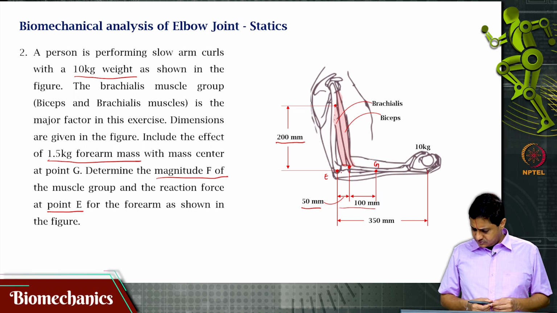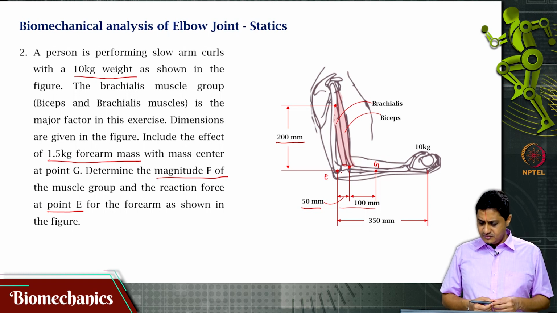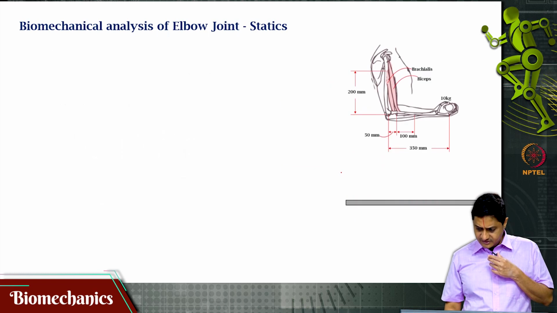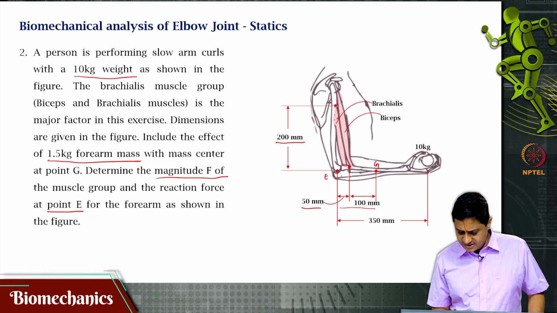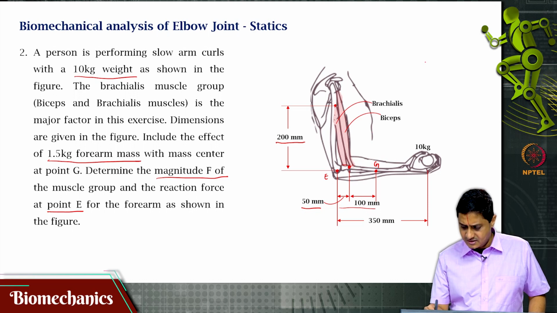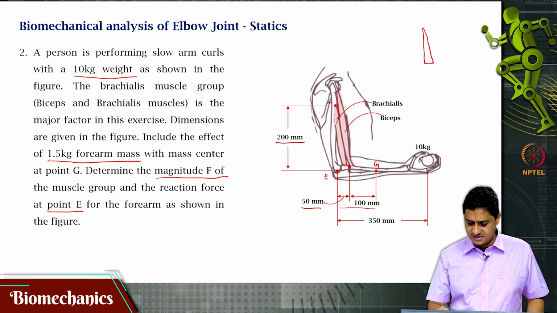Now, first of all, let us try to see if our understanding of the direction is correct. This distance is given as 50 mm and that distance is given as 200 mm, and the muscle is attaching like this. This is the muscle attachment.